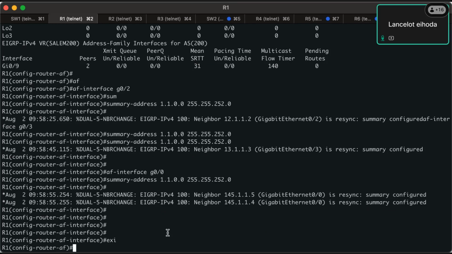Sometimes you want to limit it. You just want to limit it because one, you want to summarize. Two, you don't want to overload your processing power, and you don't want to fill up your routing table. And it's easy.